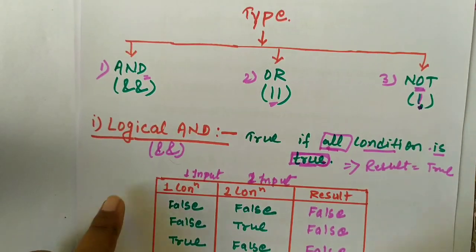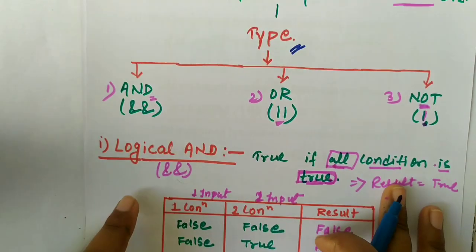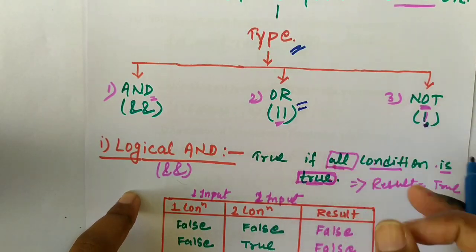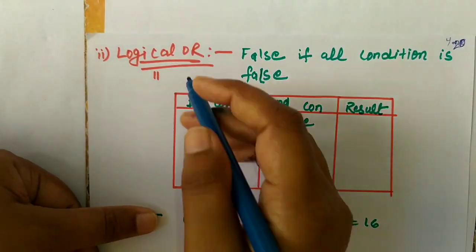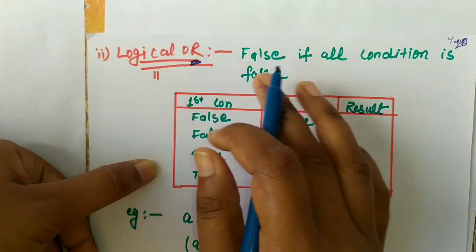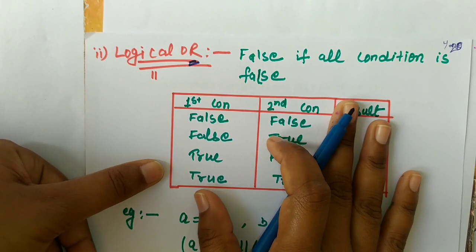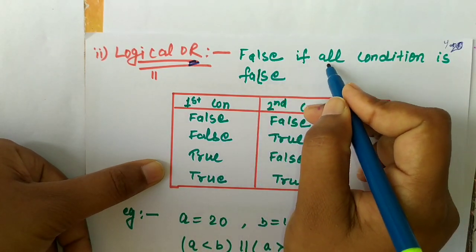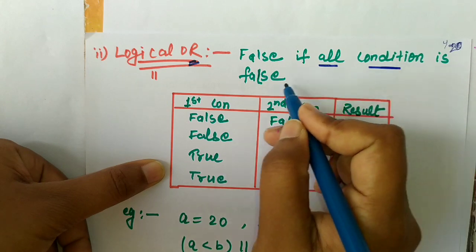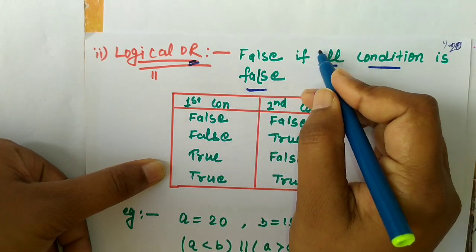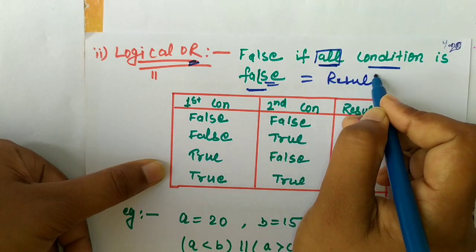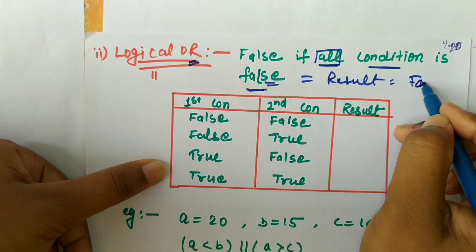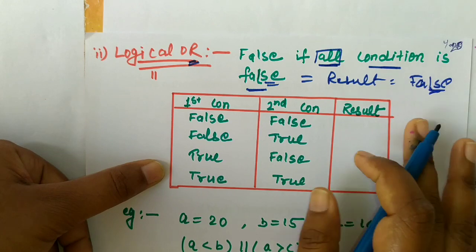The next type of logical operator is the OR operator, the logical OR. What is the logical OR operator? In the logical OR, if all conditions are false, the result is false. It is opposite to the logical AND operator.